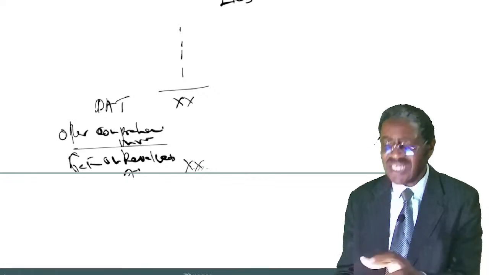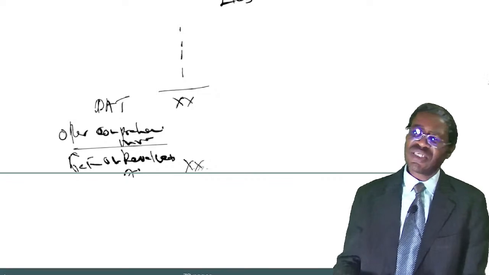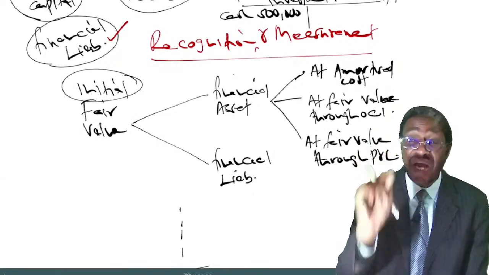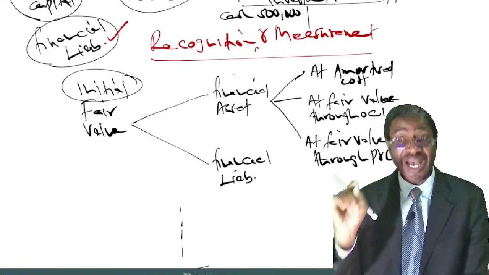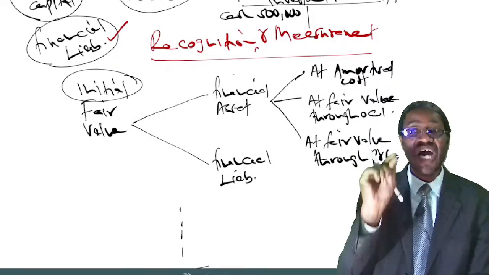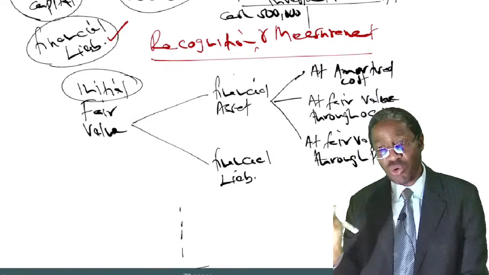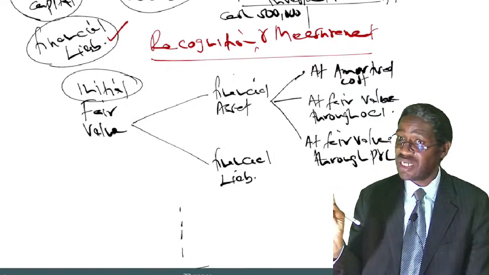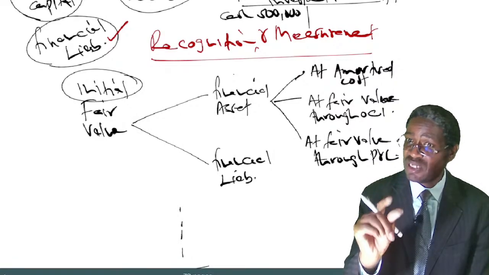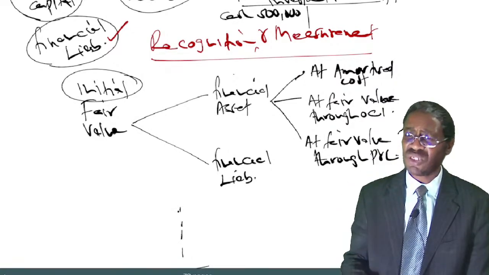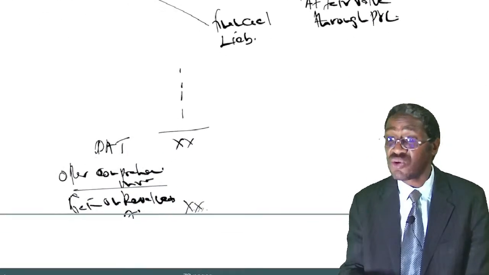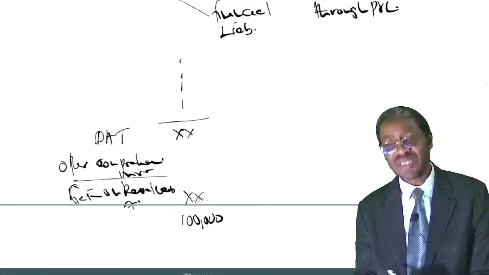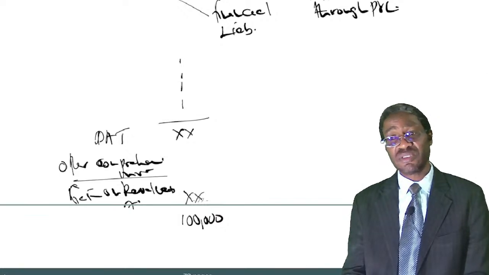Now we are adding another one: if your financial asset is one that should be measured by the end of the year at fair value through OCI, like I was assuming that you remeasured it at 600, the original value was 500. That 100,000 extra, you take it through OCI here. That's where you bring it.